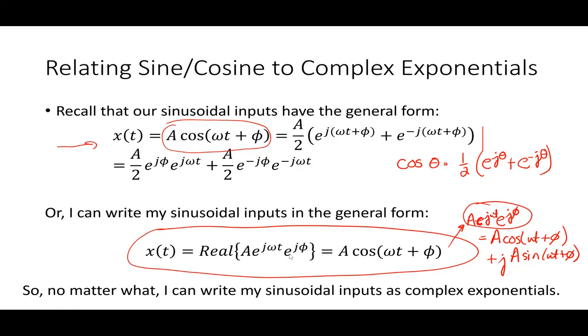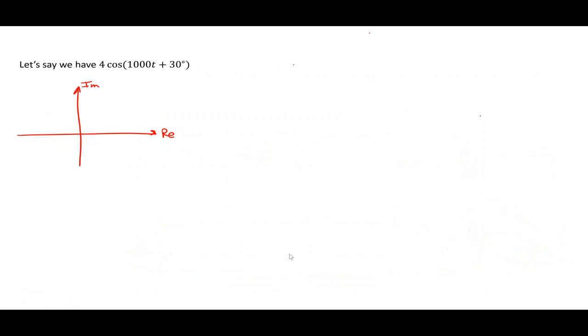Okay? So this concept of phasors, let's focus on that for a second. As an example, let's say I have 4 cosine(1000t plus 30 degrees). If I want to figure out the phasors, I can say what's the real part of 4 e to the j 1000t times e to the j 30 degrees.